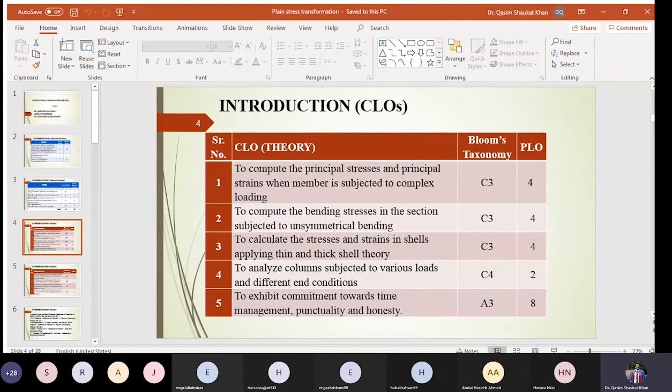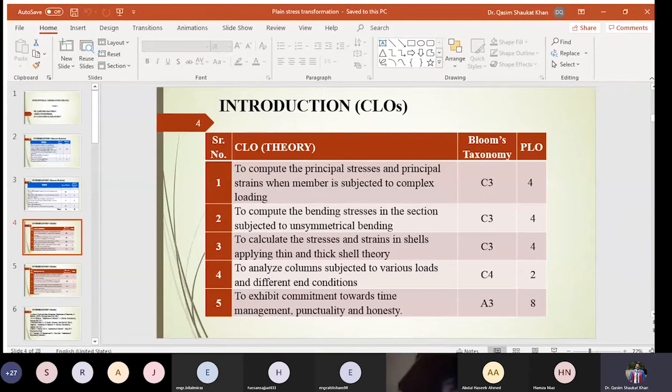As you know, we are studying in outcome-based education, the OBE system. In outcome-based education, there are program educational objectives (PEOs). Your civil engineering degree has 4 program educational objectives.